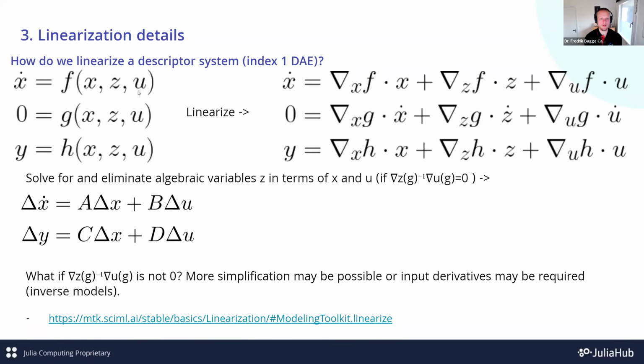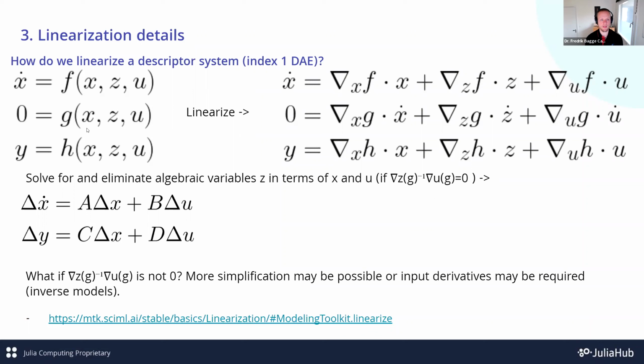But we may in general model DAE systems in ModelingToolkit, and DAE systems have, in addition to f, a set of algebraic equations g. In this case, they should equal 0, and those specify the evolution of the algebraic descriptor variables. And we would like to be able to linearize our system even in the presence of such algebraic equations.